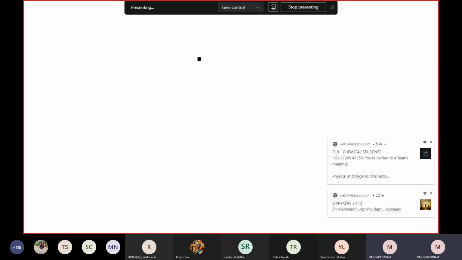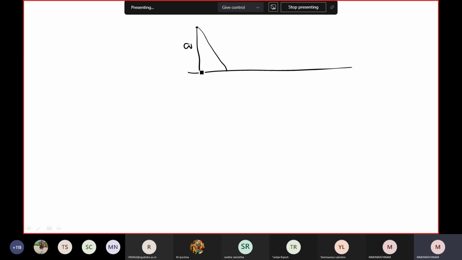So what is it saying? A ball is dropped from a height of a meters onto the flat surface. So this is a meters. From here, a ball is dropped. And it rebounds AR meters. So this is AR, the corresponding height.